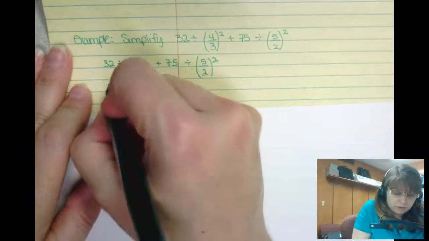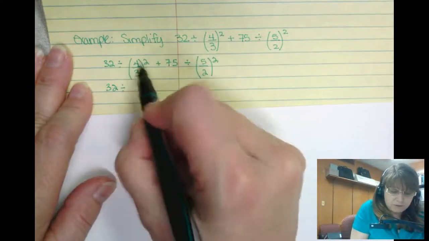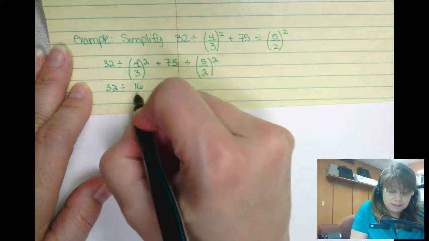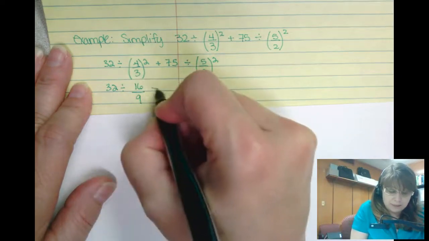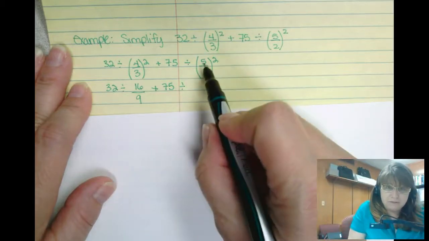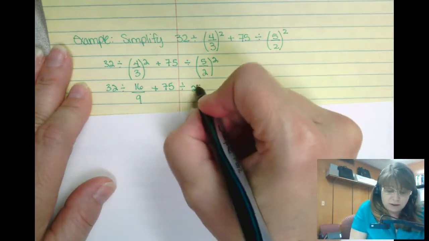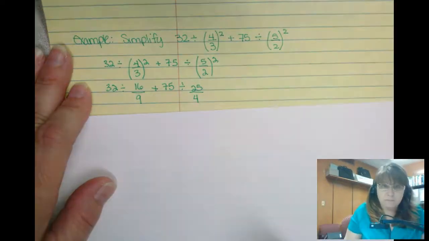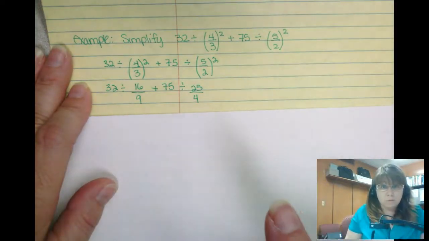So we have 32 divided by 4 times 4 is 16, 3 times 3 is 9, plus 75 divided by 5 times 5 is 25, 2 times 2 is 4. Now I'm going to rewrite the problem.